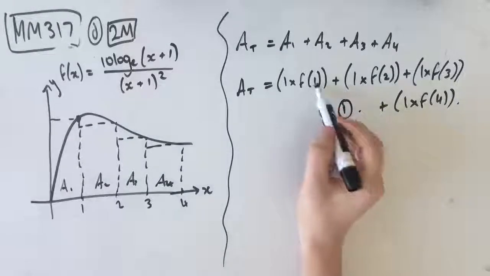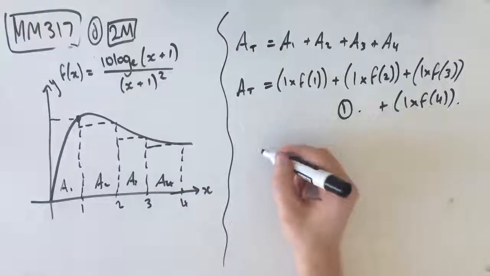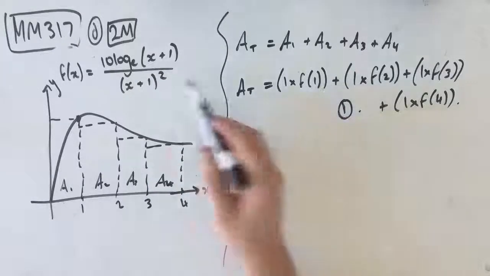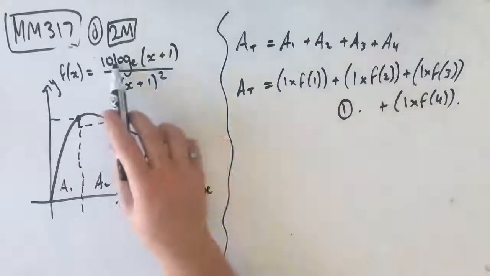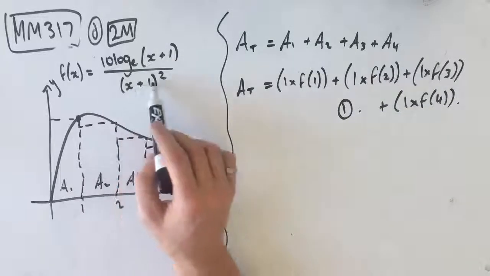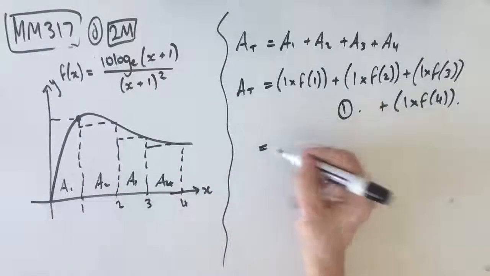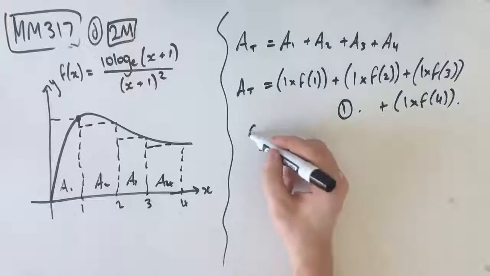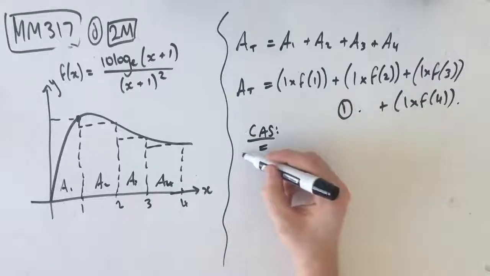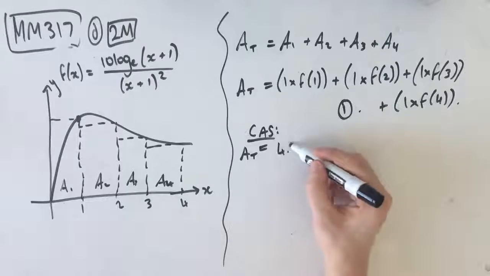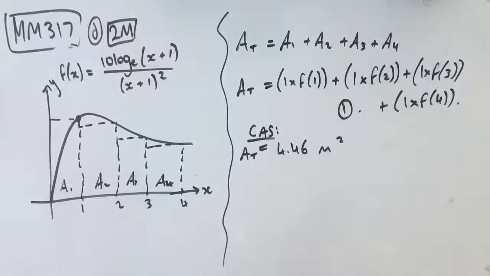Now you can sub in the values of x into this equation. I'm not going to do that now because I'm sure you can see how that works. So f(1) is 10 log_e(1 + 1) over (1 + 1)^2, and so on. From that point, using CAS, so we do have our CAS in this question, the approximate area is equal to 4.46 meters squared.